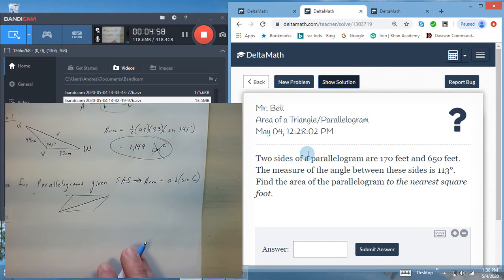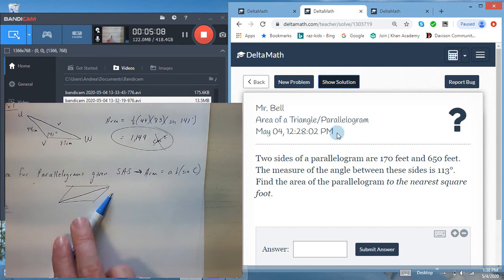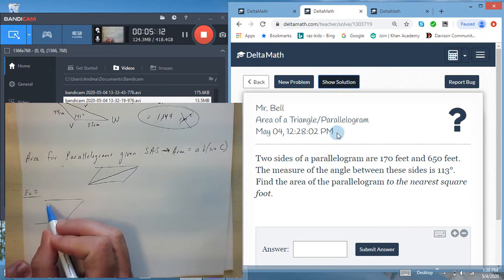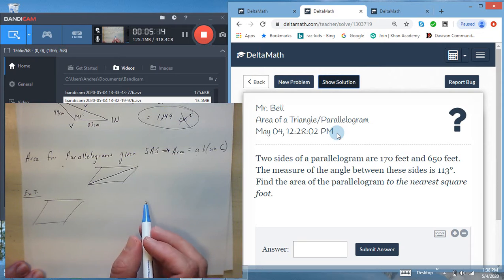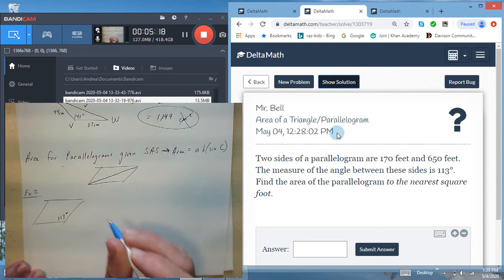All right, so what's the information we're given here? Two sides of a parallelogram are 170 and 650. The measure of the angle between these sides is 113. So here's kind of a visual aid on this. Okay, so the angle is 113 degrees. They didn't label it for us, it's fine.